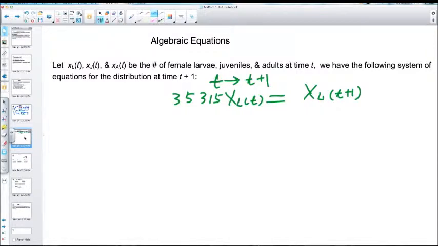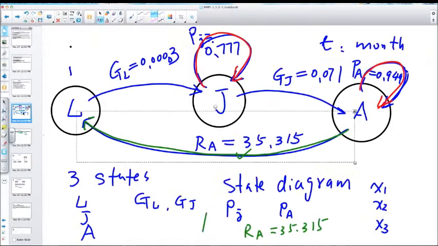That's the first equation. And the second equation, we count in the next month how many juveniles we're going to have. Well, then you read it this way. You look at the income transitions.